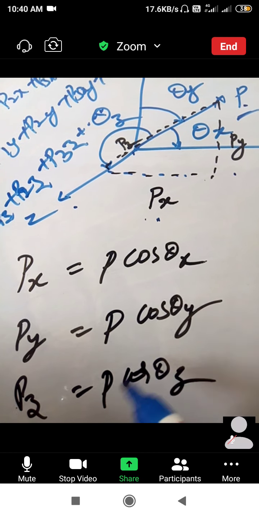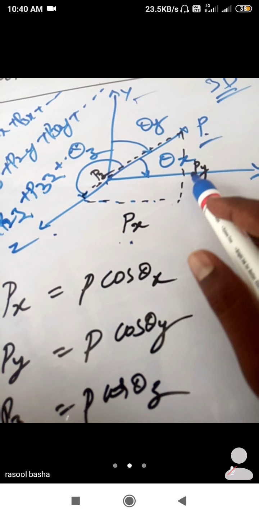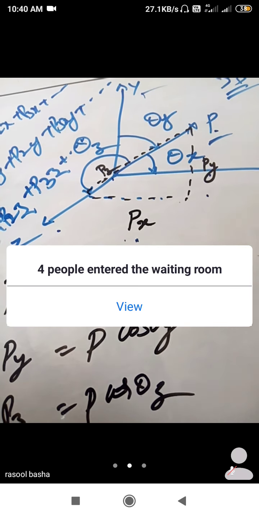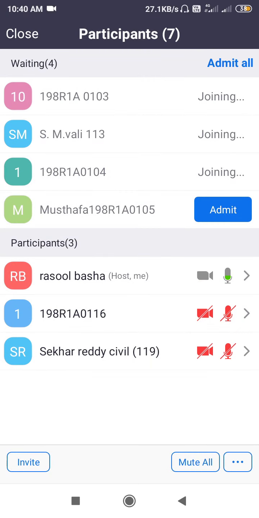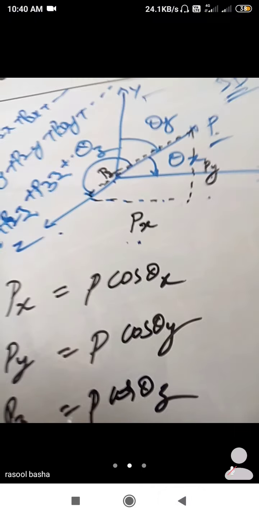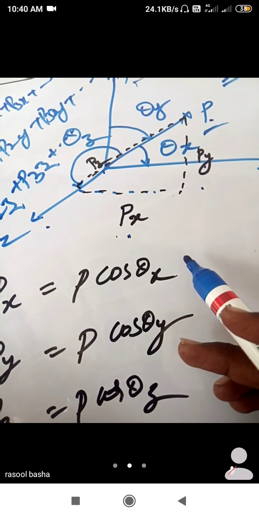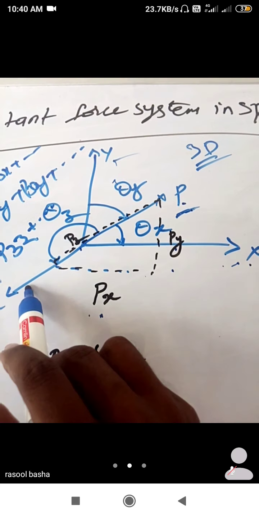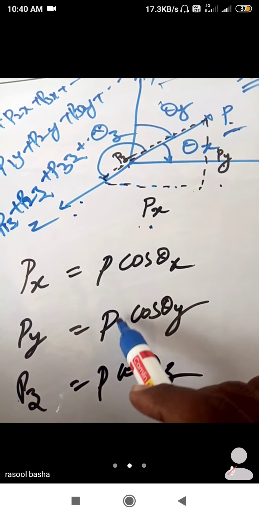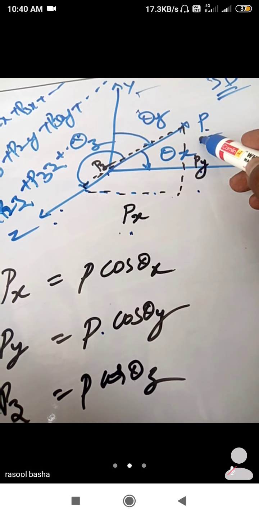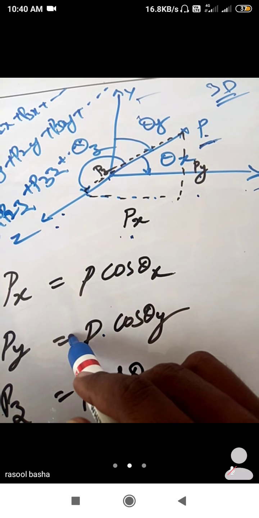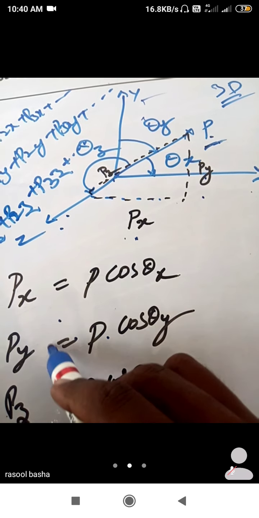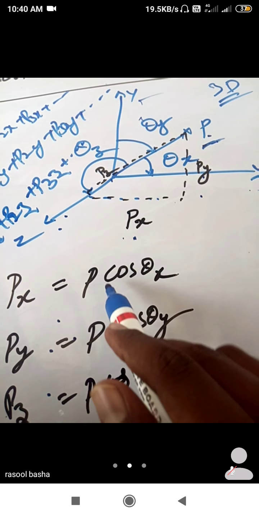So these are the system of forces along the 3 dimensions. Taking P as a force in 3 dimensions, for each dimension we have divided it into 3 forces, that is Px, Py, Pz, based upon these formulas.